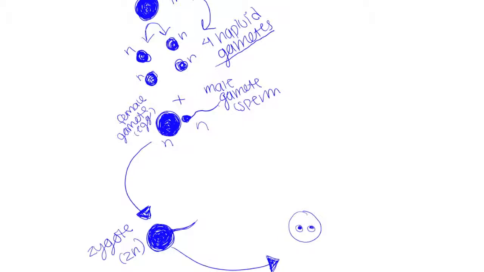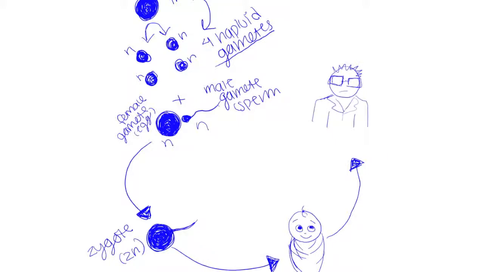And then this goes on to form the offspring, which will then lead to an adult. And this process is then repeated.